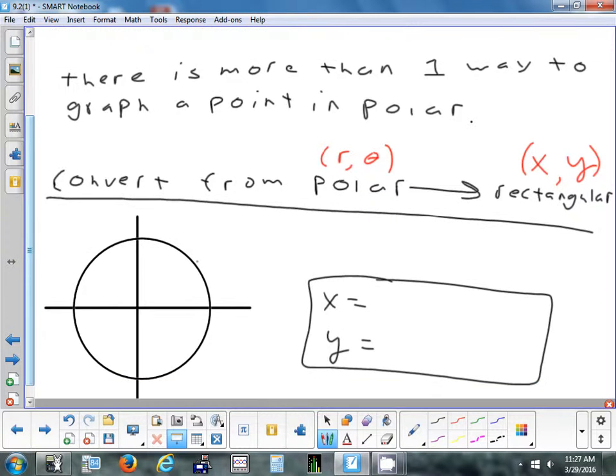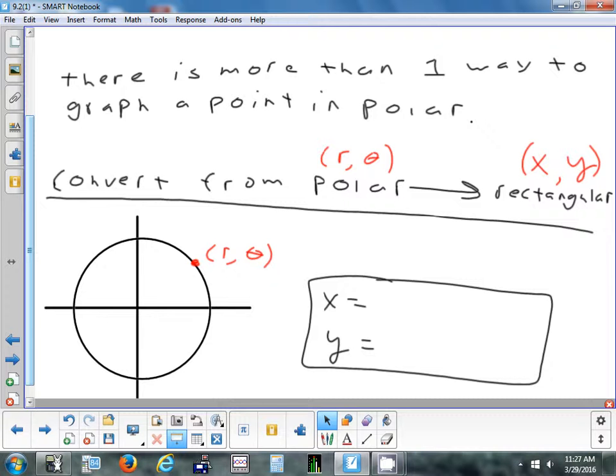So let's just make up a point that has coordinates r, theta. And how do you think I'm going to convert this? Maybe we'll start with a diagram. What do you think I'm going to do? Which we've done many times before.